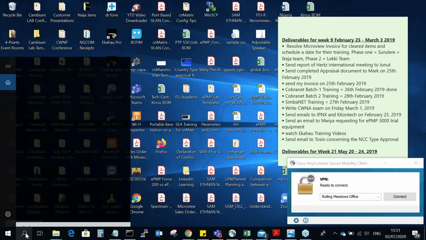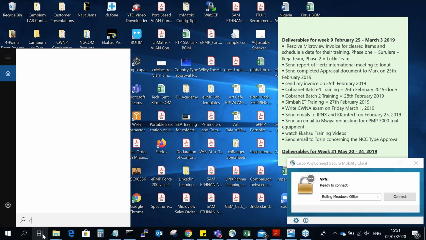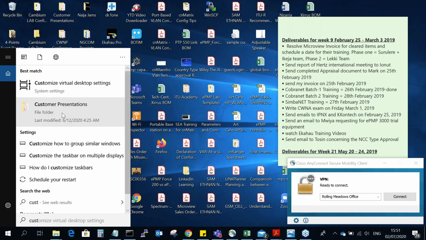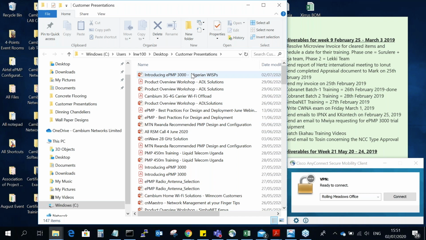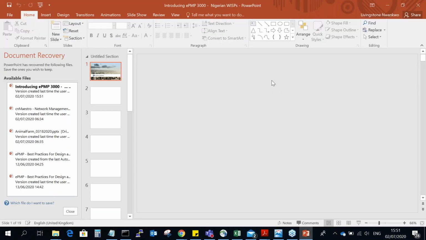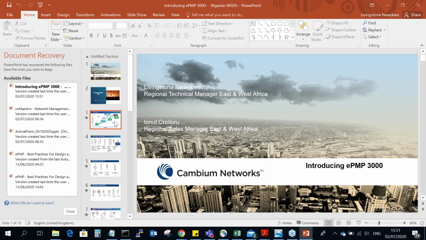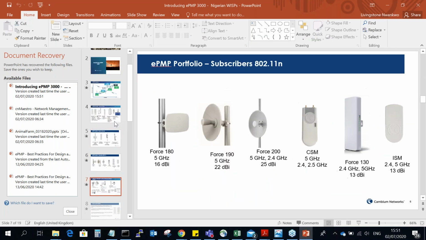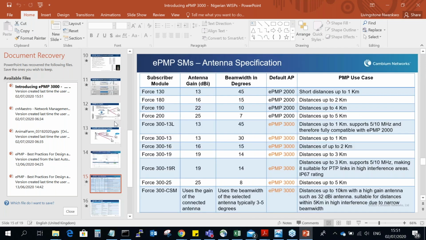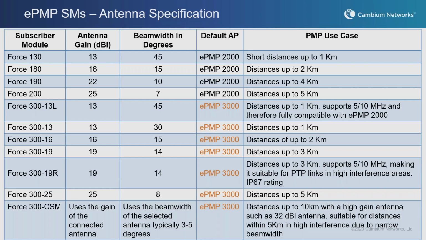You were just at the slide after the ePMP SMS antenna specifications, the one with the distance. Just move to the next one. Yeah, the one after this. This one, right?